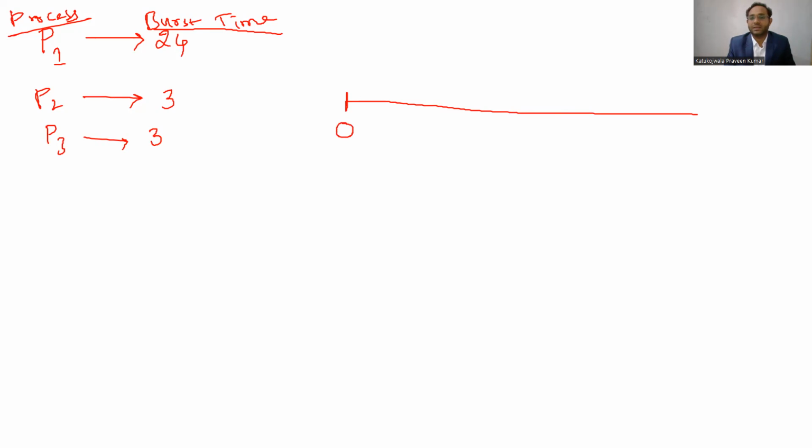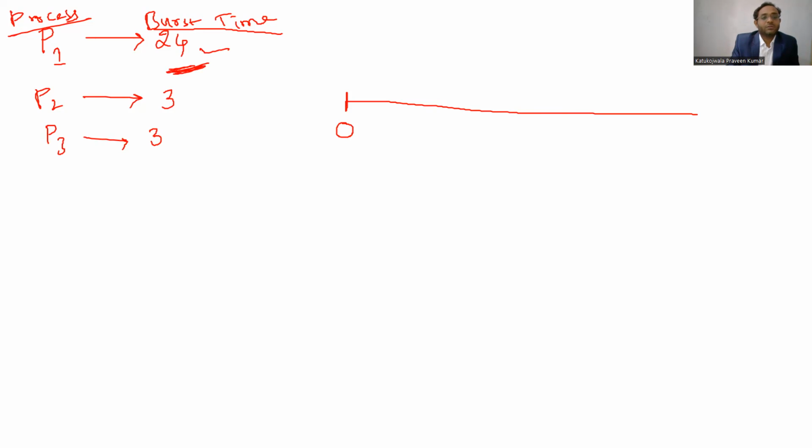Remember, in the Gantt chart the horizontal line is the timeline, and it starts from 0. First come first serve is our scheduling algorithm. So process 1 will take 24 units of time. Units may be microseconds or nanoseconds or seconds, whatever it may be.